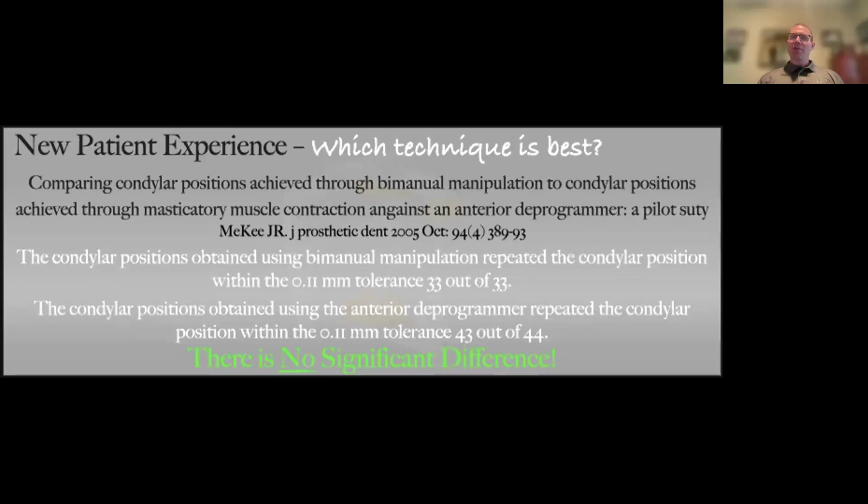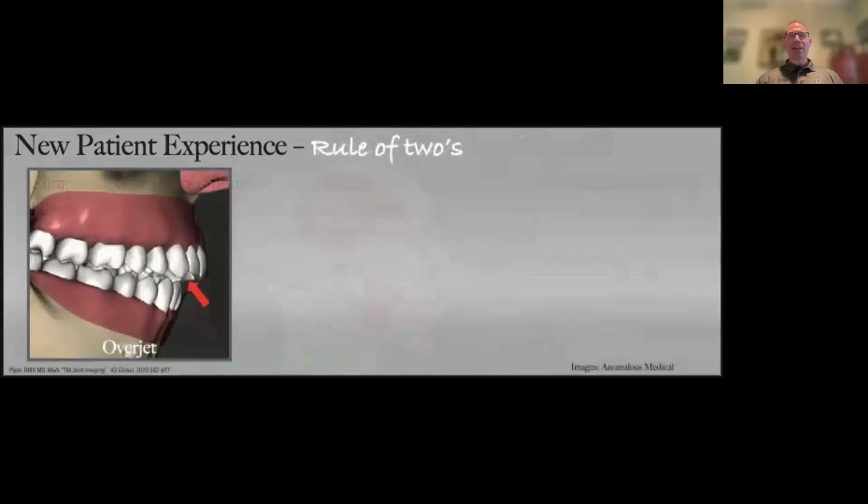What matters is that we're evaluating the way the teeth fit together, because of another concept that was taught to me by Mark Piper, and that's the rule of twos.